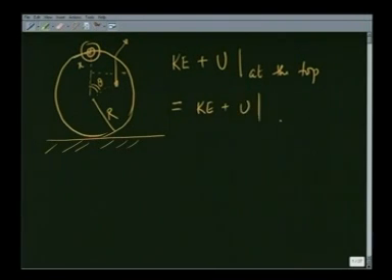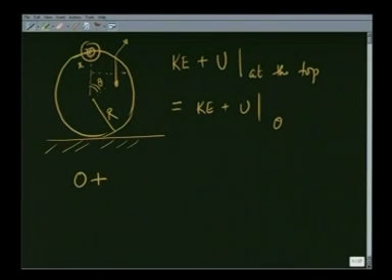So, KE plus U at the top, that is this position, should remain the same as KE plus U at say theta. KE at top is 0.